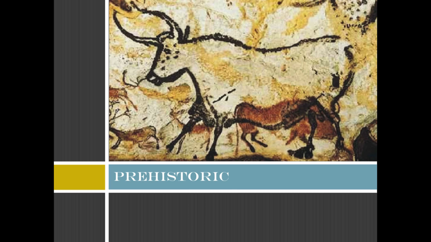Now, to give you a sense of where you are in time, prehistoric is a very long time period. It's about 30,000 BC to about 1500 BC. And again, these are rough dates because most of the dating we do for prehistoric objects is using the carbon dating system. So you're usually dating rocks and things that are going to have a larger time span of dating. So there's not a lot of specificity that you can get with the carbon dating system.